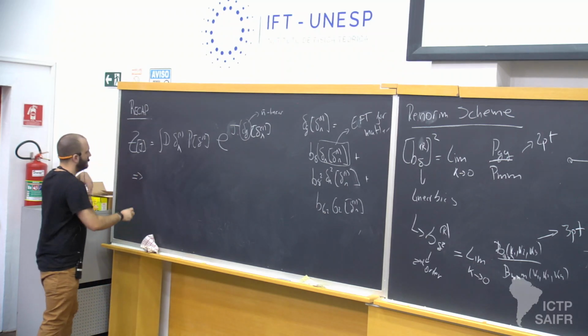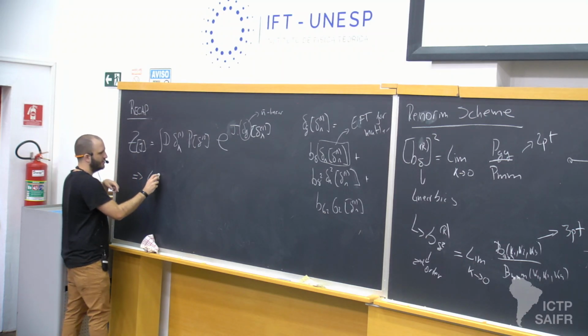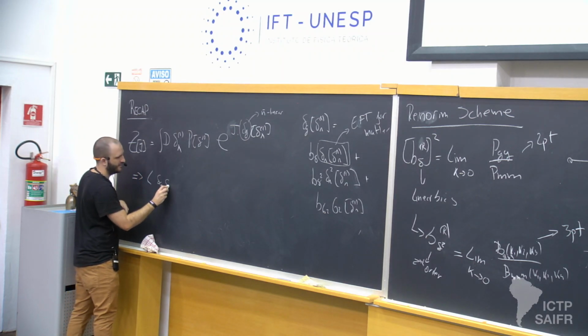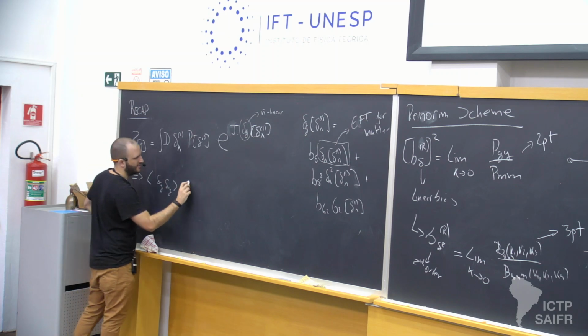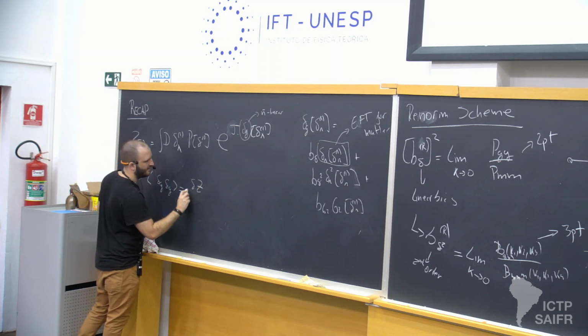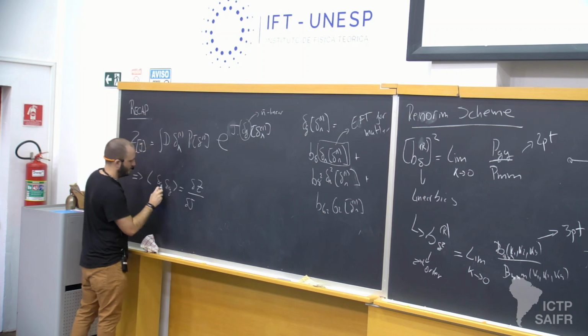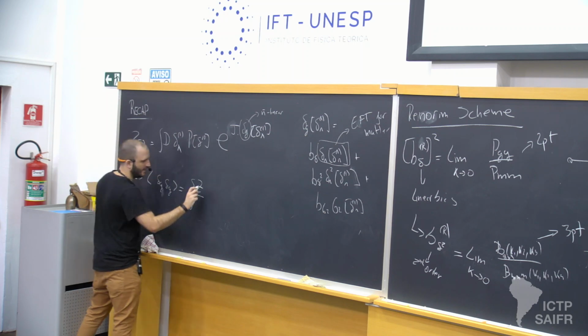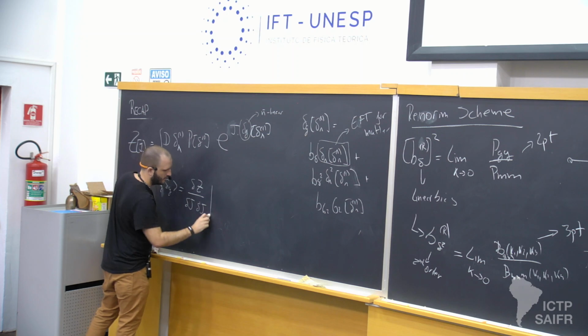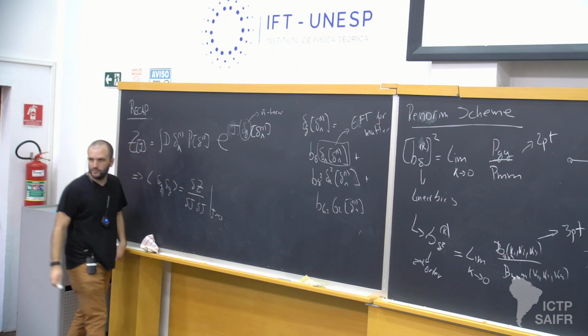Such that if I want to calculate, for instance, the 2-point function of delta g, I just have to take derivatives of my partition function with respect to J and take J equals 0.